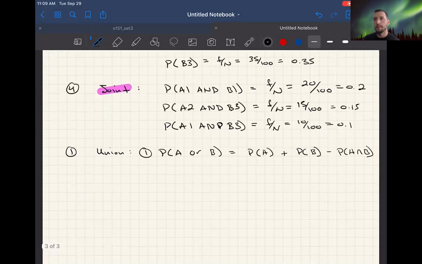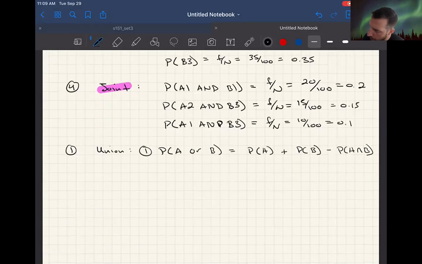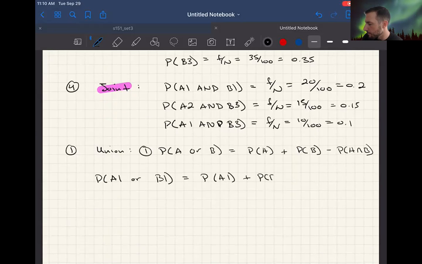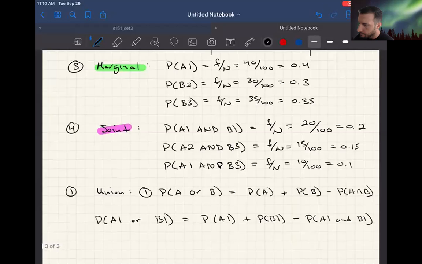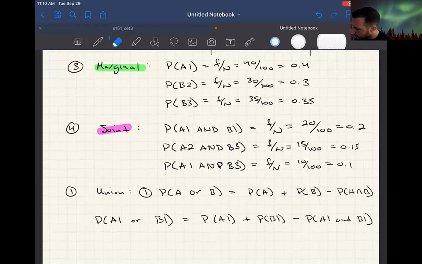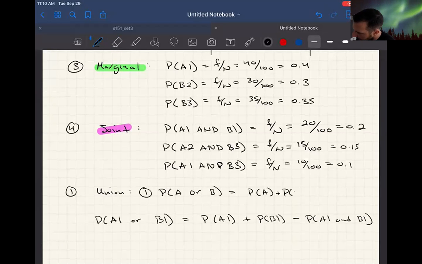All right, so let's look at an example here. Suppose that we wanted the probability of A1 or B1. So we would have probability A1 plus the probability of B1 minus the probability of A1 and B1. Oh, sorry, I should be consistent here. This symbol here, that little cap that I had, that means and.